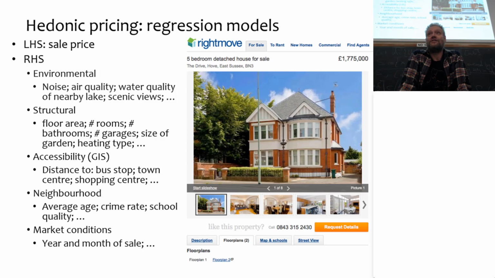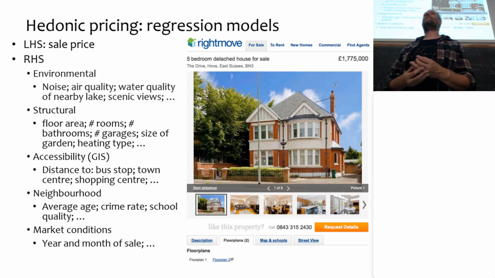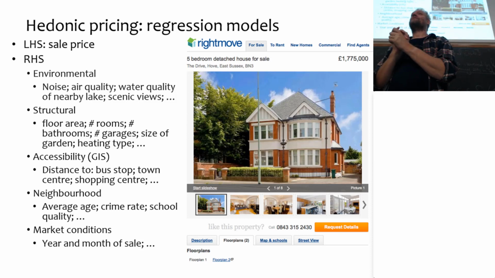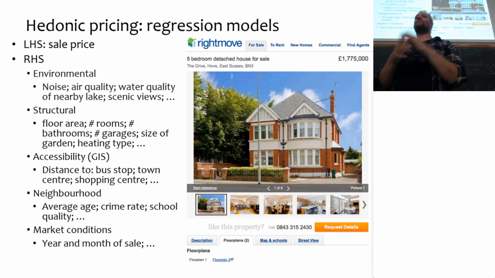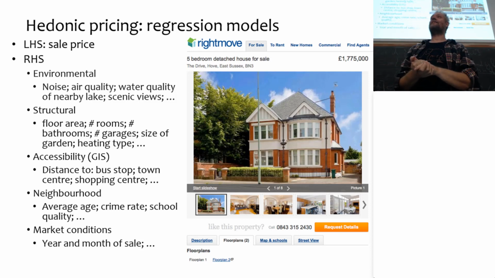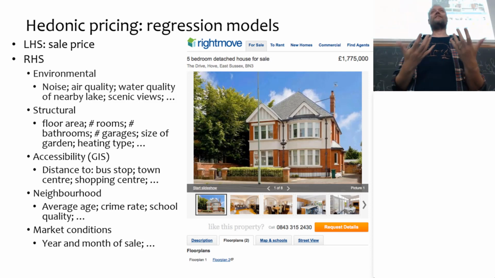And you need to do this because, I mean, the very basic idea of hedonic pricing is simple. If you take a nice house, or if you take a house that sits in a nice environment, and you compare it with the exact same house that sits in an ugly environment, what you will find is that people are prepared to pay more for the house that sits in a nice environment.